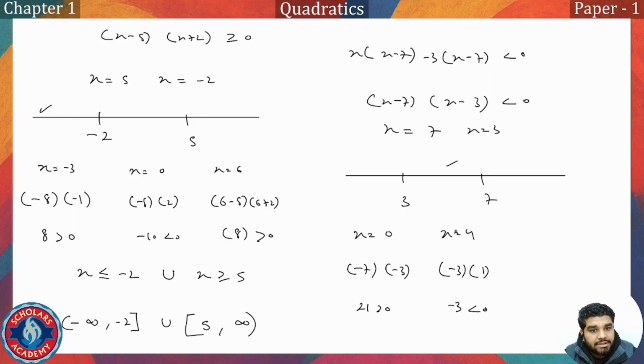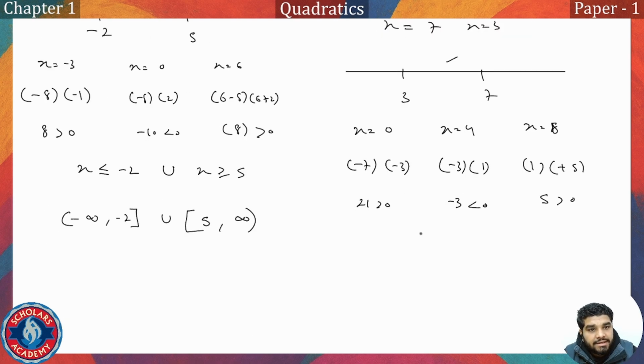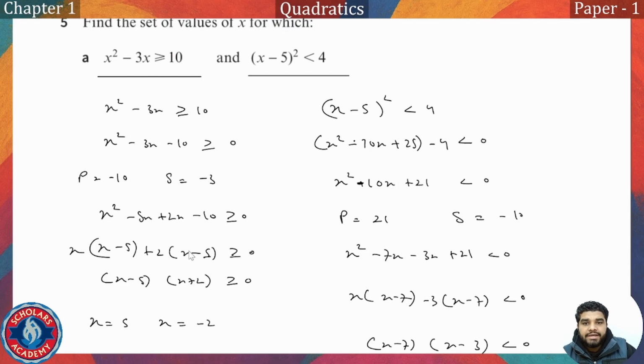Yes, we'll take this interval. If I check for 8, I get 1 and 5. So it's 5. It's greater than 0. So no. So the interval that we are taking is 3 to 7, right? So these are the individual intervals.